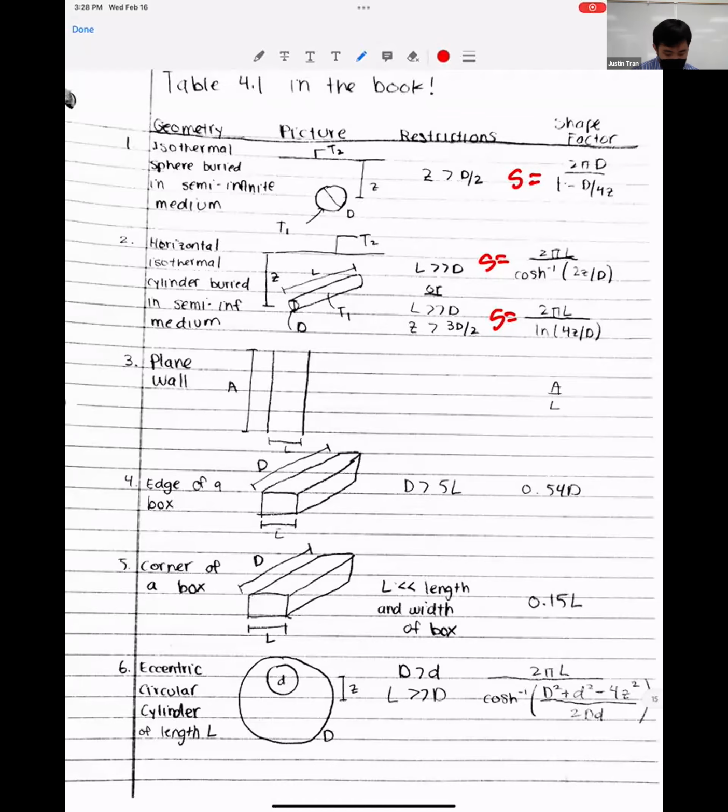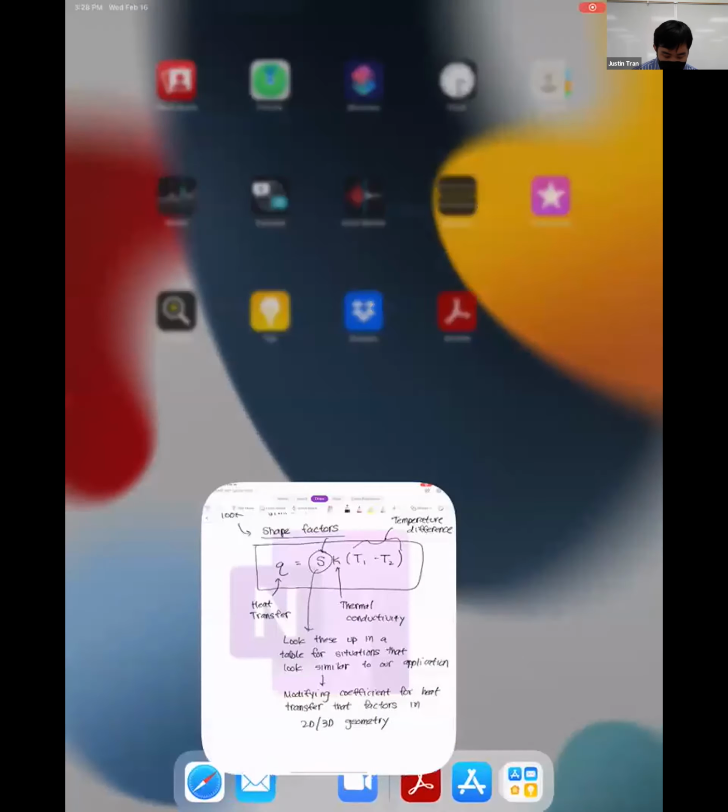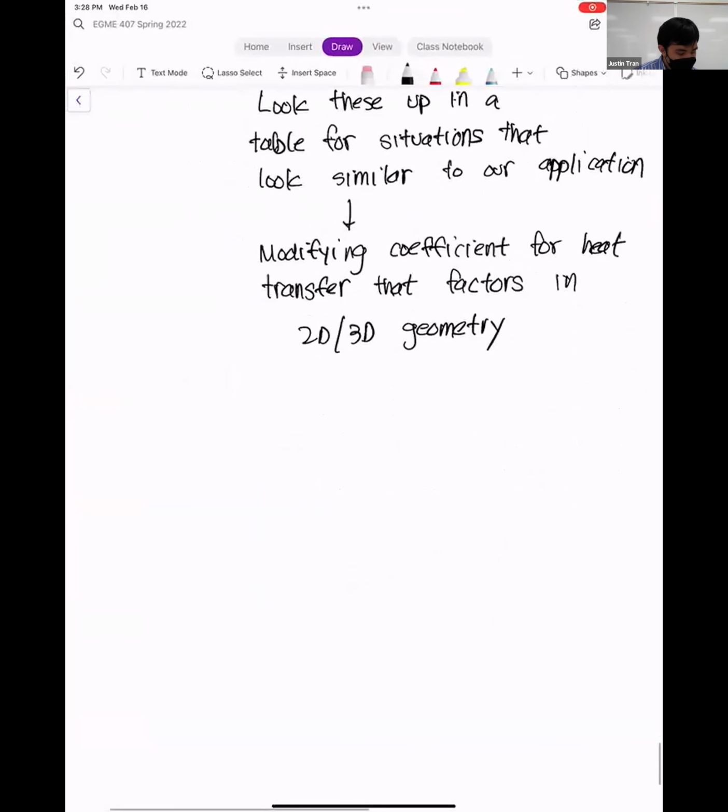All right, let me bring back the notes here. Let's do an example just to show you how this works.